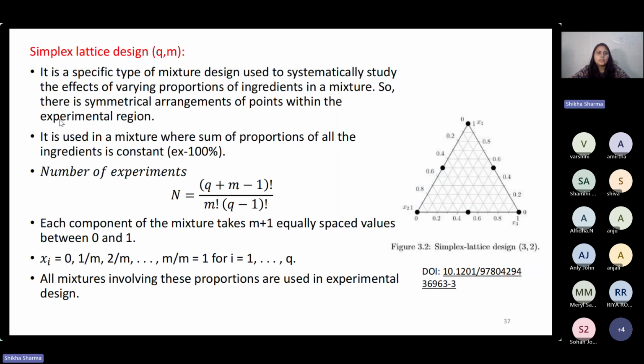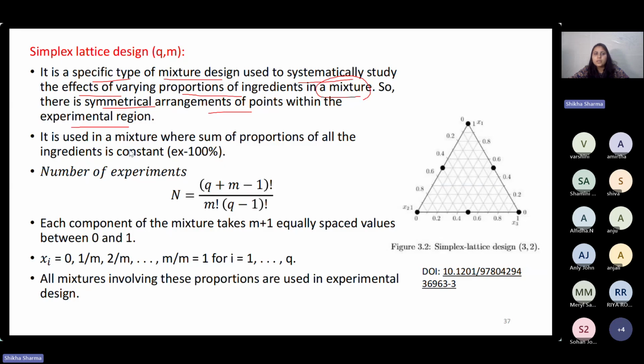So simplex lattice design is basically a specific type of mixture design. It is used to systematically study the effect of varying proportions of the ingredients in a mixture. There is a symmetrical arrangement of the points within the experimental design.